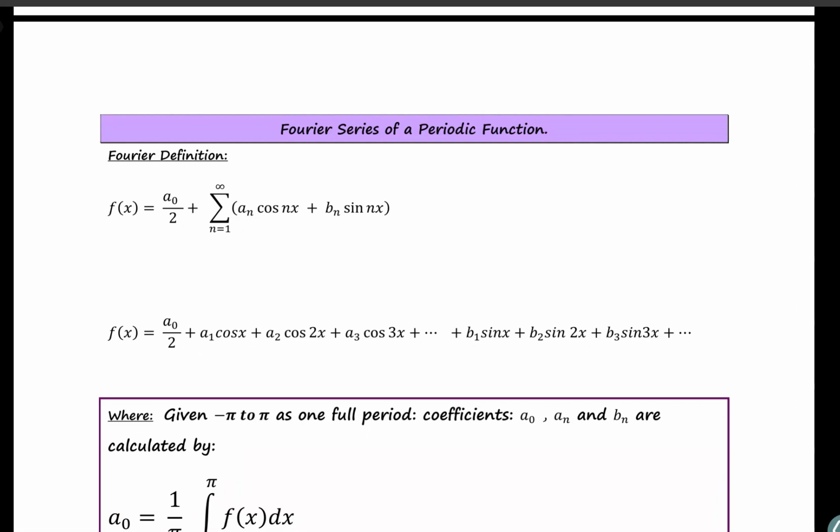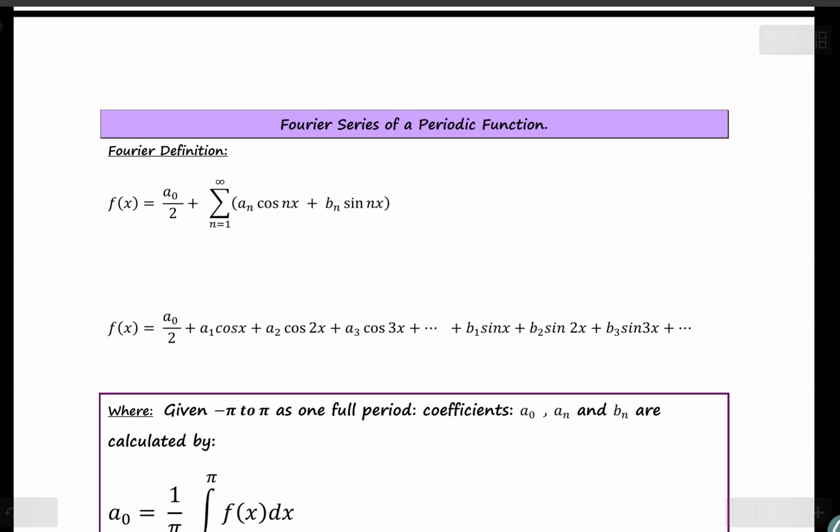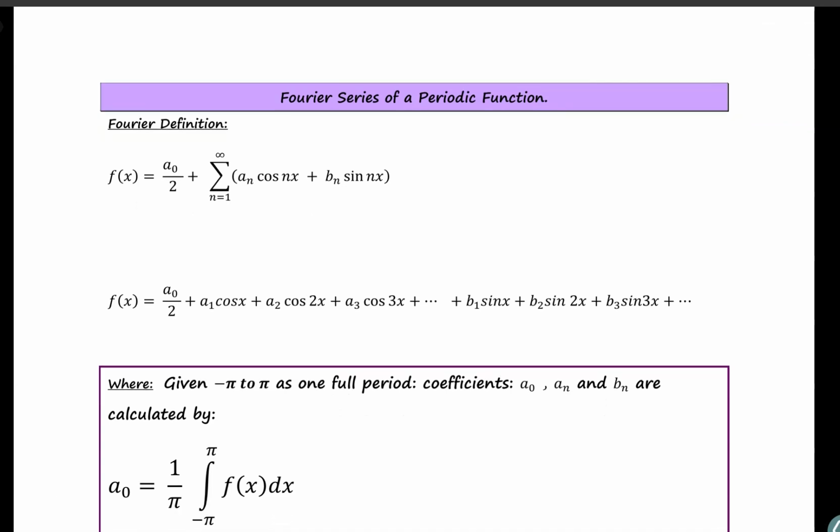Okay, so the definition of Fourier series: I have f(x) equal to a naught divided by 2 plus the summation from n equal to 1 to infinity of a_n times cos of nx plus b_n times sine of nx. Okay, so in this case you have an a naught, you have an a_n, you have a b_n.